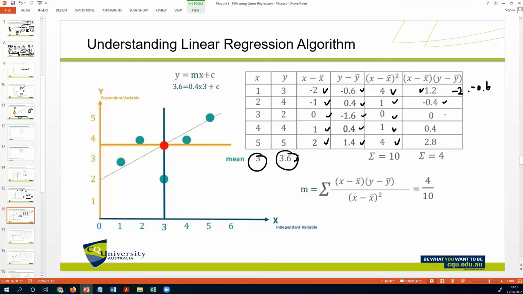So we got it like this. The sum of the covariance is 4. The sum of the variance is 10. So beta, the coefficient, or M in this slide, will be covariance divided by variance, equal to 4 divided by 10, 0.4.